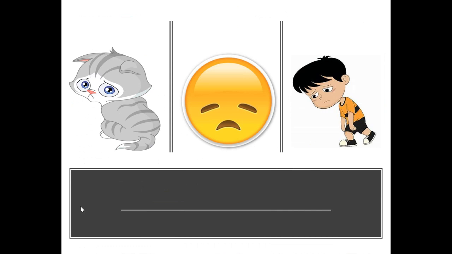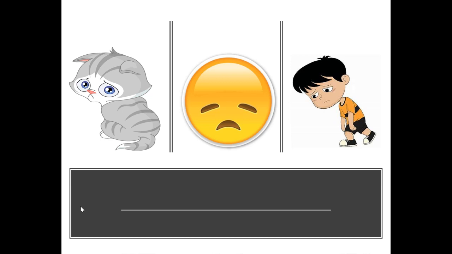Next group of pictures, what do you notice or see? I notice or I see. Well, in the first picture, I notice a cat that looks very sad. In the second picture, I notice an emoji that looks sad or down.